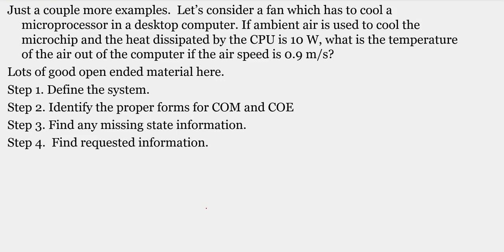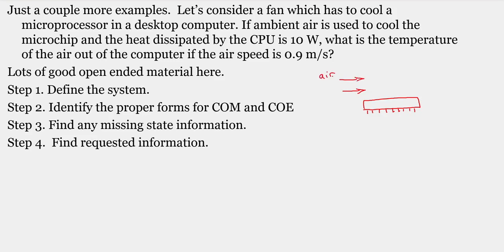Okay, so what I want you to do, this is very open-ended on purpose. I want you to make the system tractable for you to be able to conduct the analysis. So first step, just like we talked about before, the 4 steps, define the system. Well, we have a CPU, right, with its little contacts here, and we know that we are using air to cool that CPU.